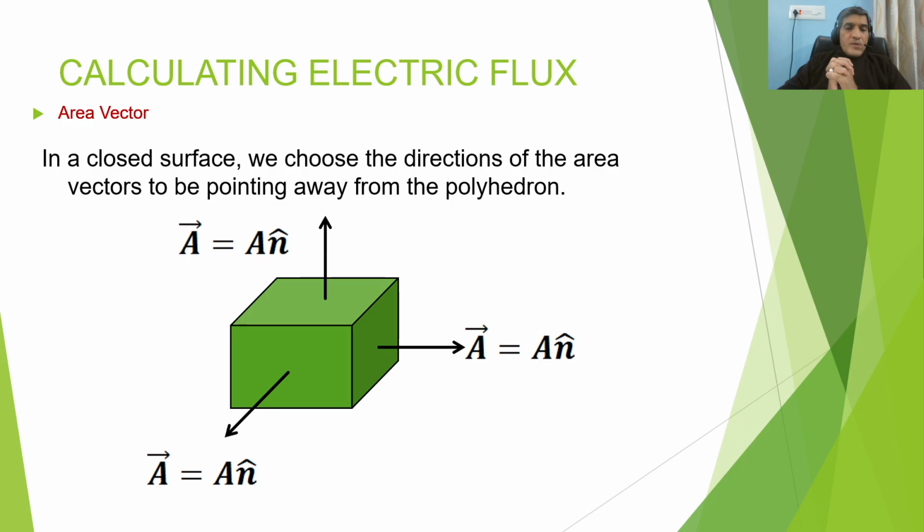As we have a term in our first formula, phi equals E dot A. The A is the area vector, which is perpendicular to the particular surface through which we have to find the electric flux.